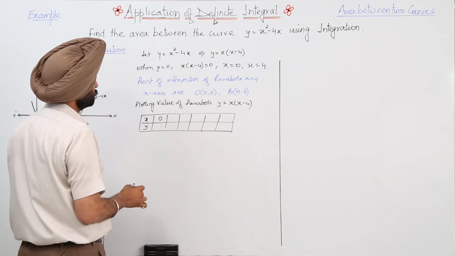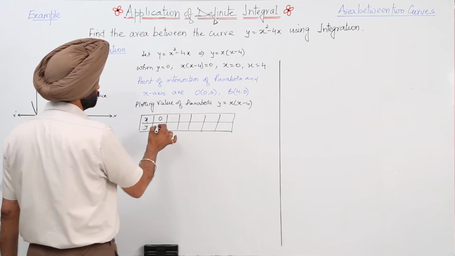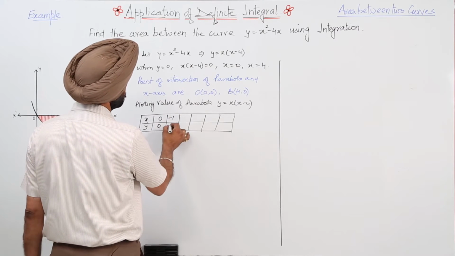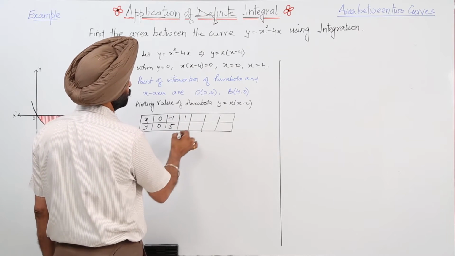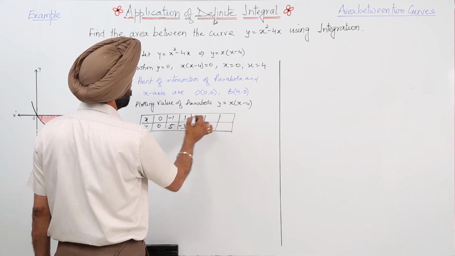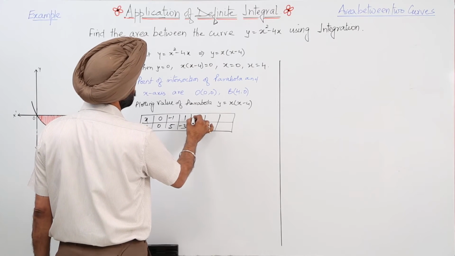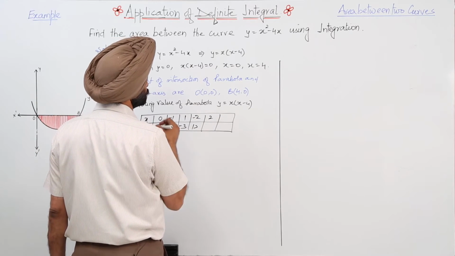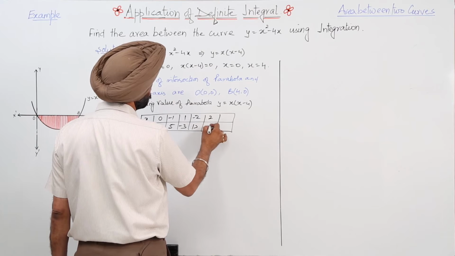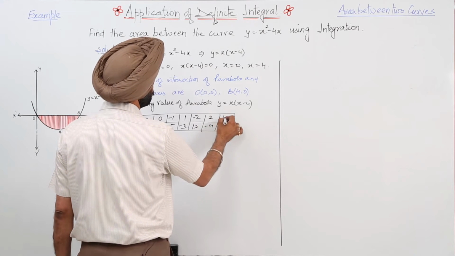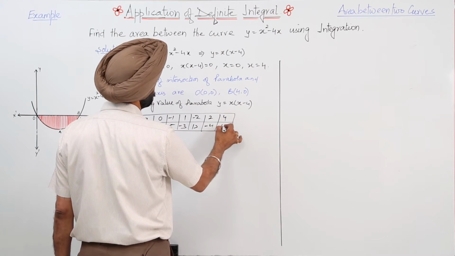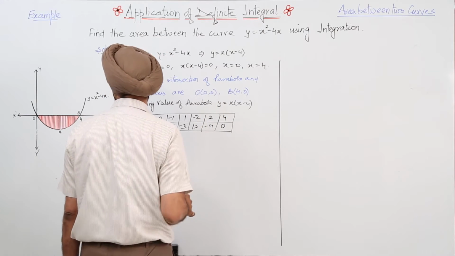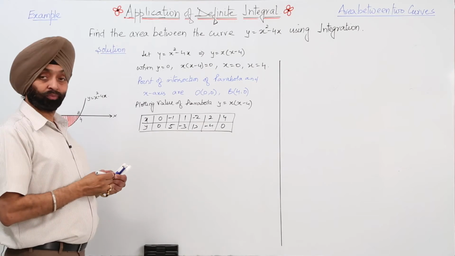Now when x is equal to 0, y is 0, x is minus 1, y is 5, x is 1, y is minus 3, then minus 2, it is 12, plus 2, it is minus 4, and then 4 and it is 0. Sorry, yes, x is 4, y is 0. So these are the points.